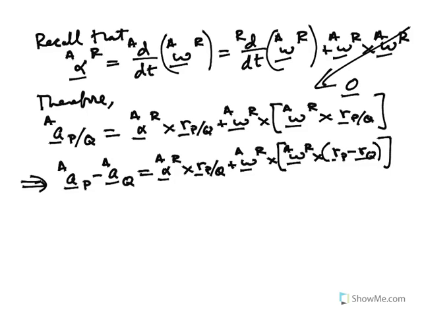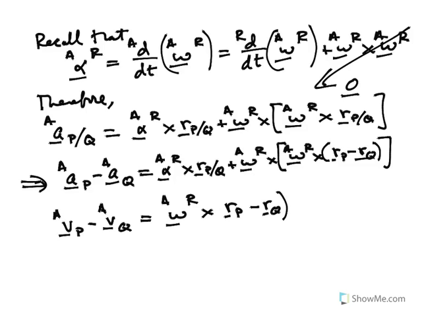Now, the two results that we've gotten, let's write them out. The velocity of p in A minus the velocity of q in A is equal to omega Ra crossed with the position of p minus the position of q.